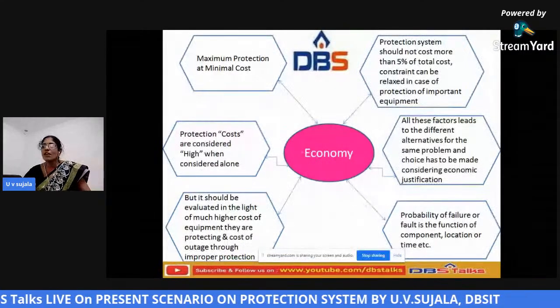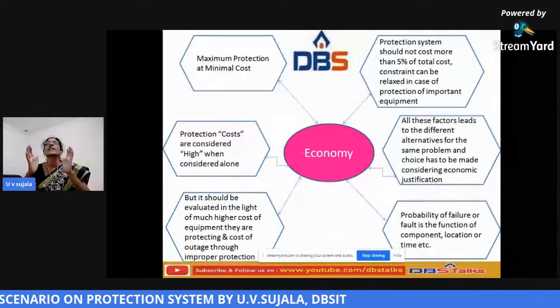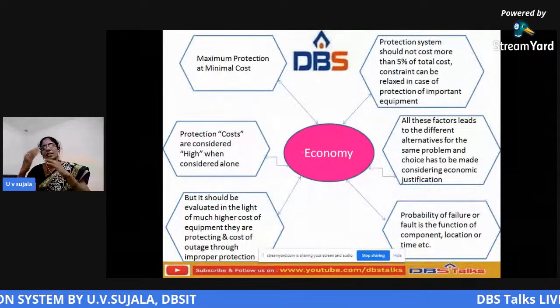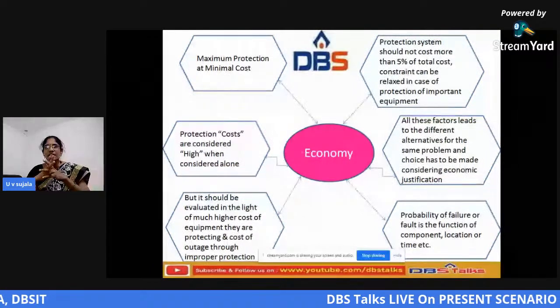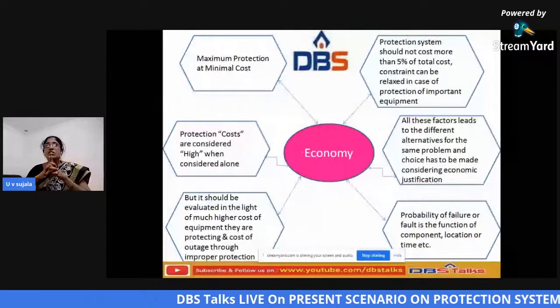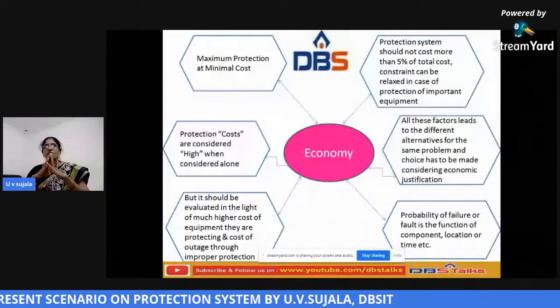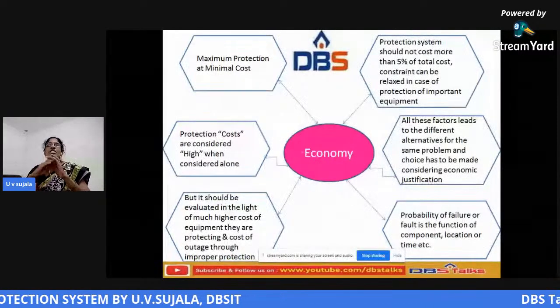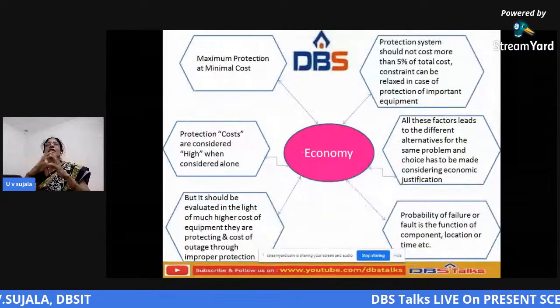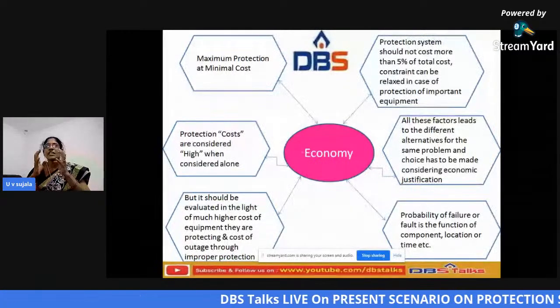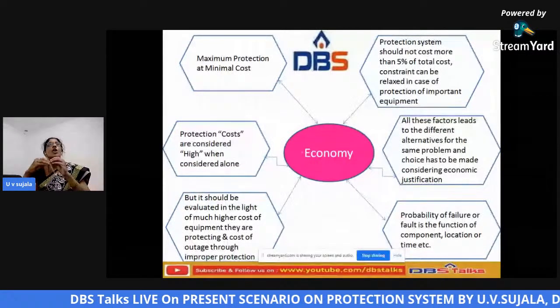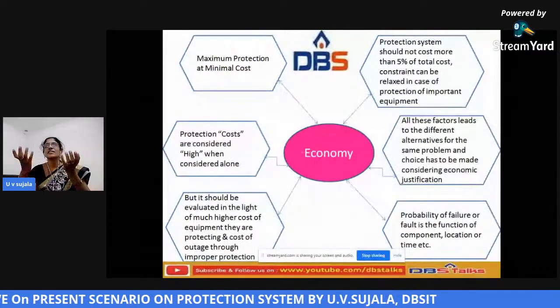Devices must provide maximum protection at minimum cost. Whatever the economy means, any system we take, it should give maximum protection but at minimum cost. Protection costs are considered high when considered alone.